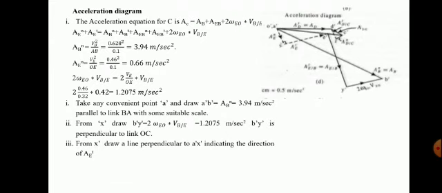You just take from B dash the Coriolis component of acceleration and mark Y dash. From this Y dash, B dash Y dash is perpendicular to link OC. This is perpendicular to the link OC.